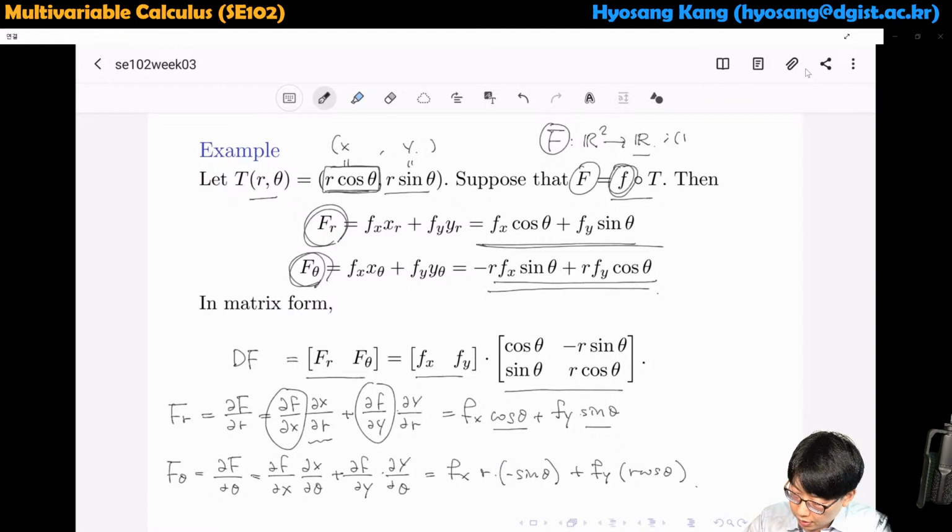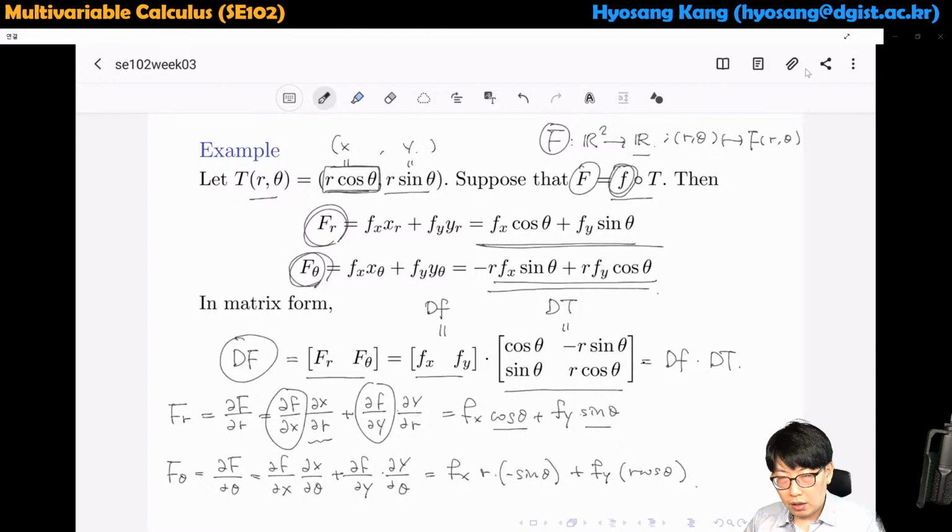It sends (r, theta) to some real value F(r, theta), right? So that's dF. And how about this part? This is the small f, okay? And how about this part? This is d of the transformation T. So therefore, what I wrote in the matrix form is dF equals df times dT.